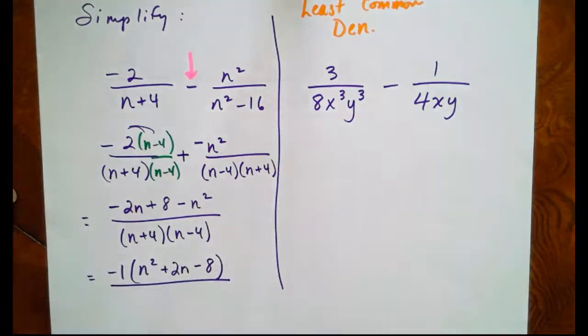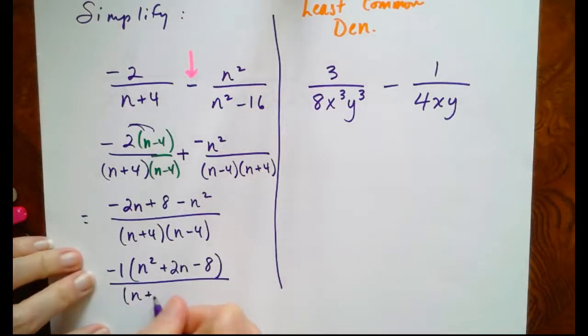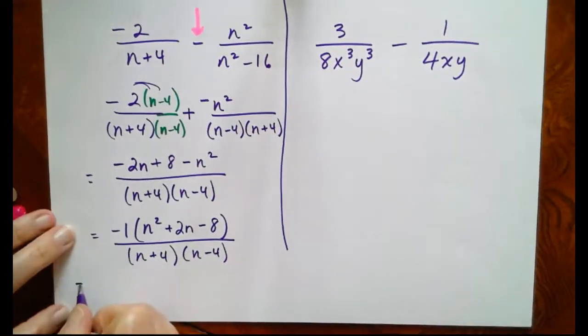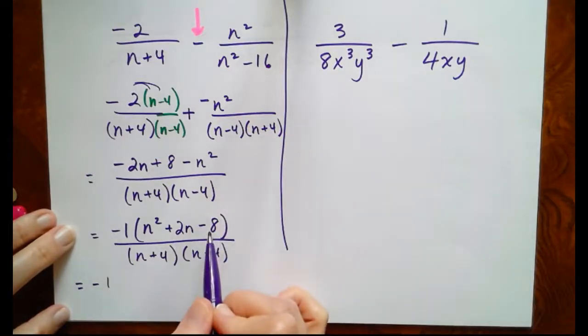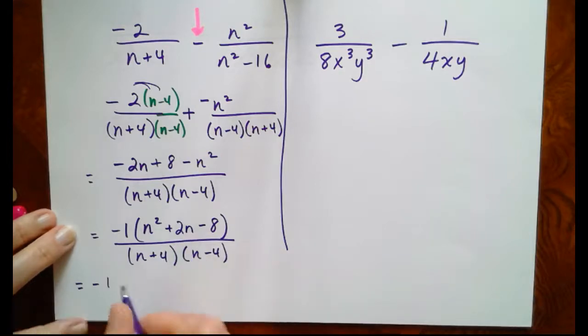I'm thinking this numerator is probably factorable, and I do believe it is. Still over our common denominator here. So we've still got the -1. Factors of -8 that add up to -2 are going to be a +4 and a -2.